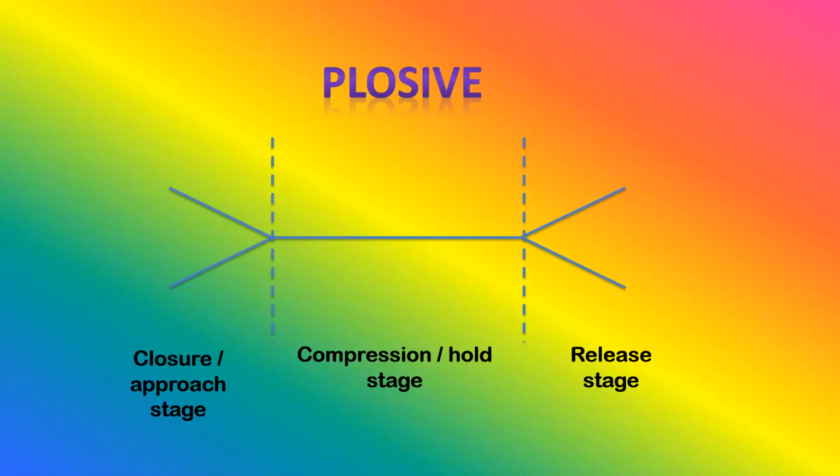Plosives are produced in three stages. In the closure or approach stage, two articulators come into close contact to each other, and this starts the compression or hold stage, in which the egressive pulmonic air builds pressure behind the articulators until these articulators separate suddenly, letting the air escape in producing a kind of explosion.